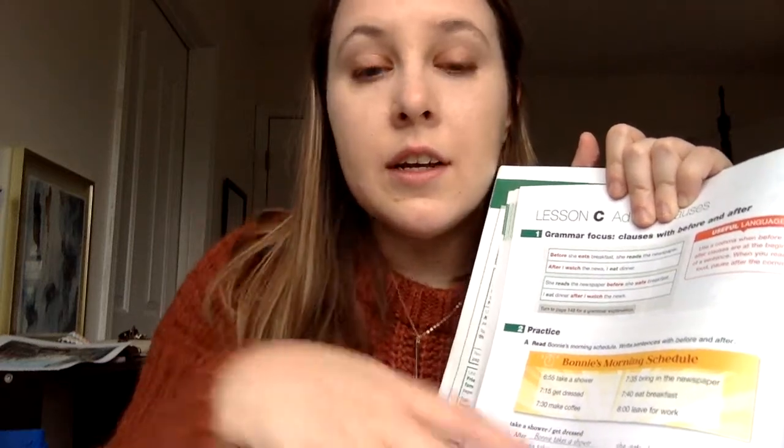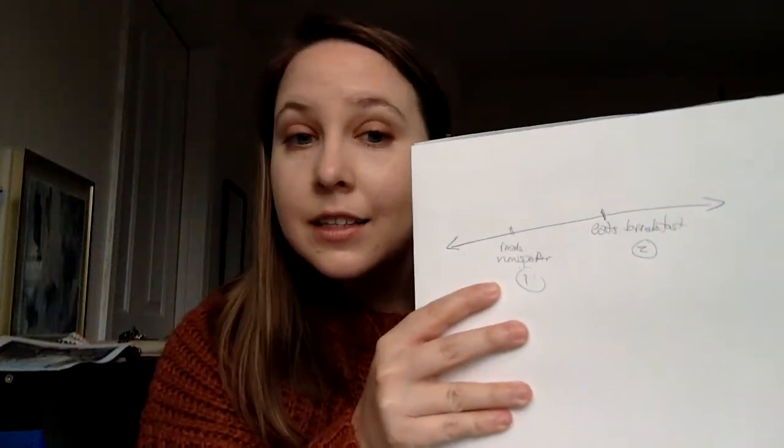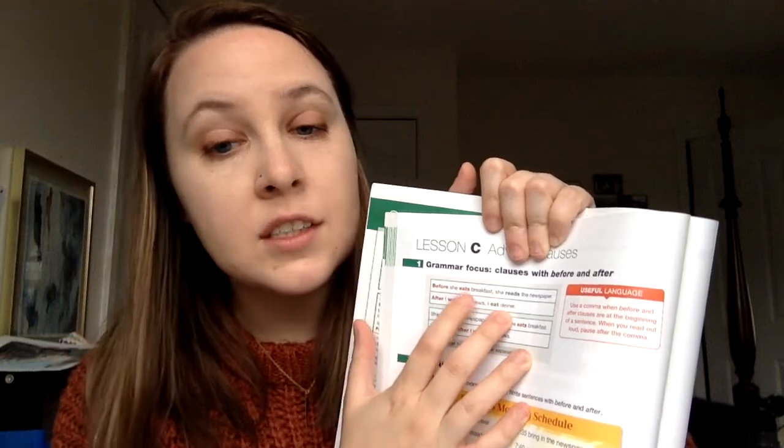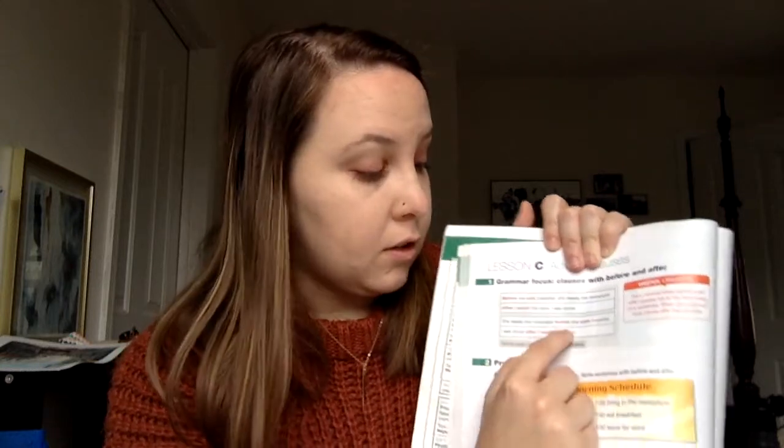There is no difference in the meaning. The timeline looks exactly the same because before is still connected to she eats breakfast. So we know that we are comparing it.